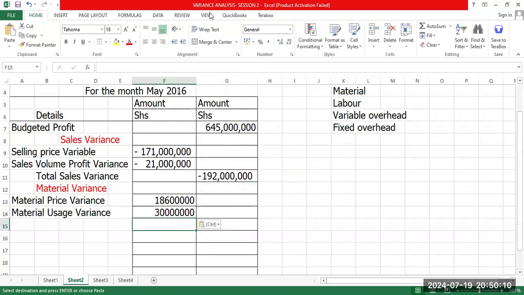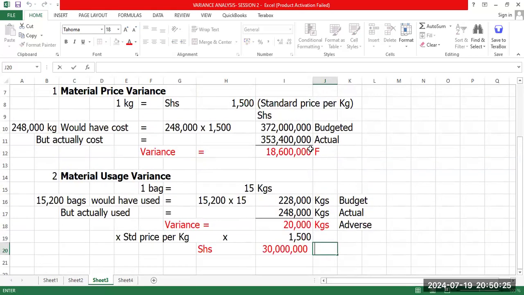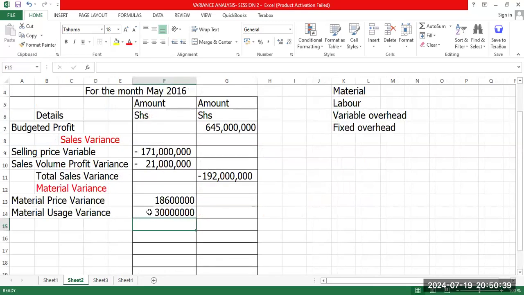But the question is, are these variances adverse or favorable? This one is adverse, this is favorable. So where you have adverse, that figure should be a negative. So I record negative 30 million.